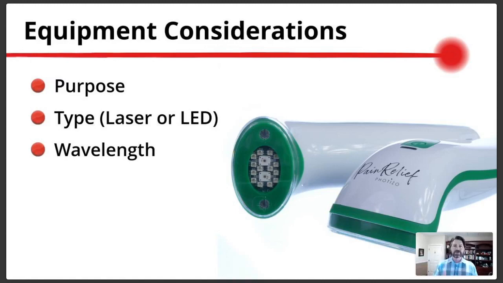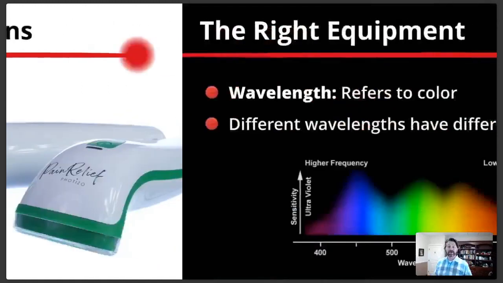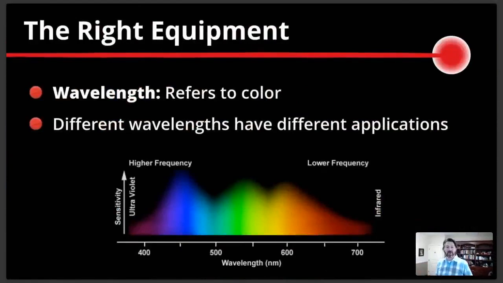It improves circulation so that you can have more nutrition coming in, waste products going out. And it also modulates pain because of the warmth. It's kind of like putting on a hot pack or heat therapy. It's a very comfortable thing to do, and the tissue responds in a positive way. So for pain control, red and infrared are typically the ways to go.